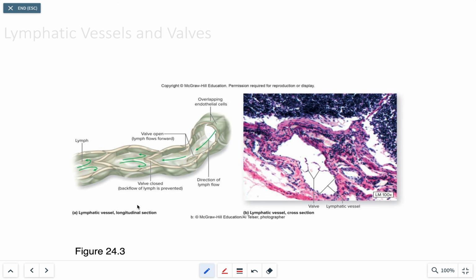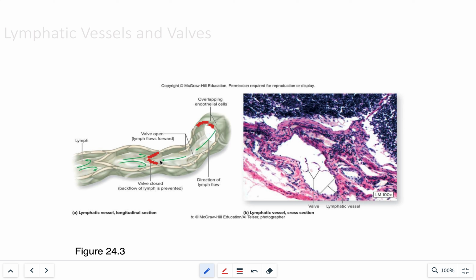So this is another blown up version of a lymphatic capillaries. Again, we see the overlapping endothelial cells here. We see these overlapping endothelial cells form the valves, which prevent backflow of the lymph. The lymph is going to flow in general circulation or be able to return back into general circulation through the skeletal muscle pump.